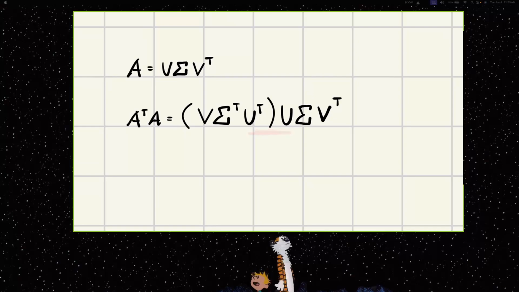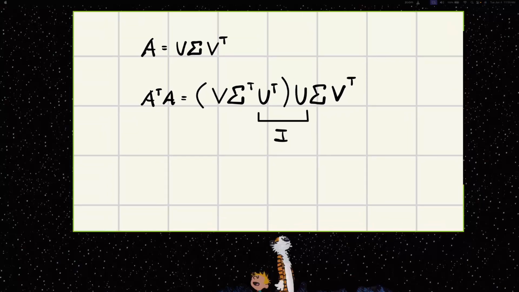We know that U is an orthogonal matrix. So this U transpose times U here is simply going to reduce to the identity matrix. So this is going to just become I, which, in the case of matrix arithmetic, is the matrix equivalent of the number 1. So essentially, this term will just cancel out from our equation.